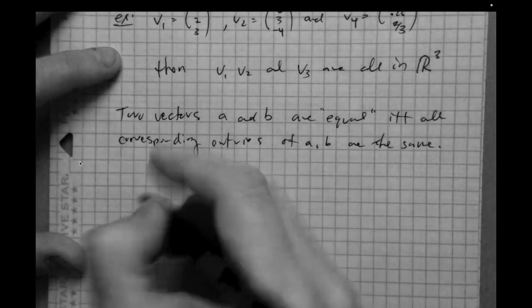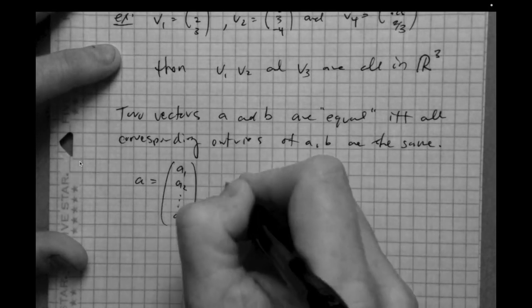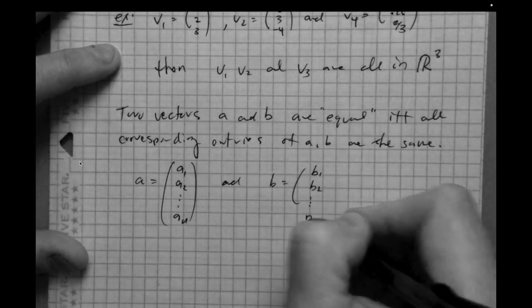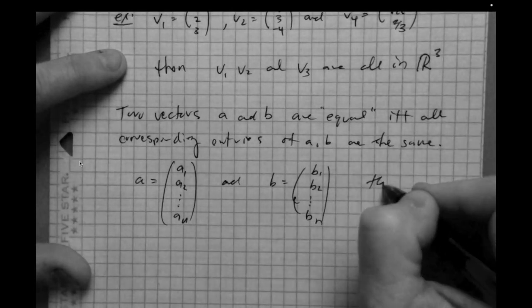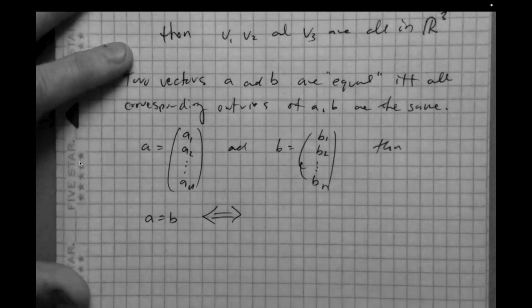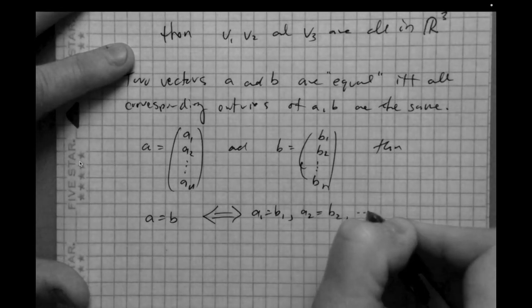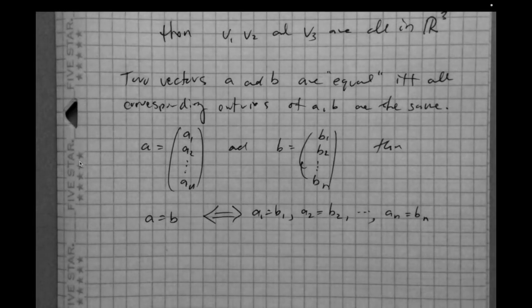So for example, if A is equal to A1, A2, dot dot dot, AN, and B is equal to B1, B2, dot dot dot, BN, then A equals B if and only if A1 is equal to B1, A2 is equal to B2, and so on, AN is equal to BN. So all of the entries, or components if you like, are identical.